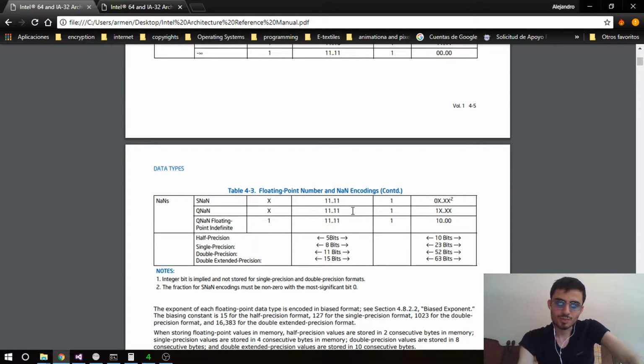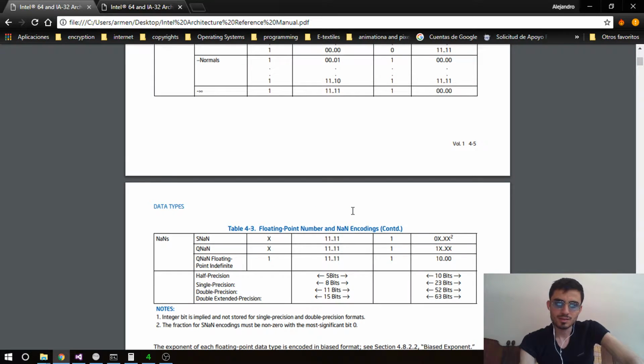So now what's the representation of a NaN, for example? A NaN doesn't have a sign bit, or I don't know what X means, but probably doesn't have a sign bit.